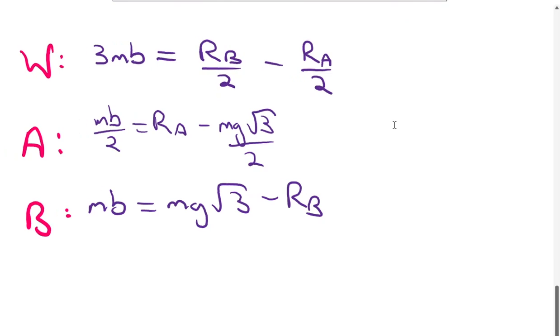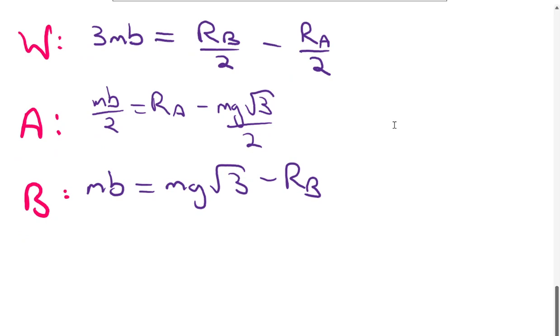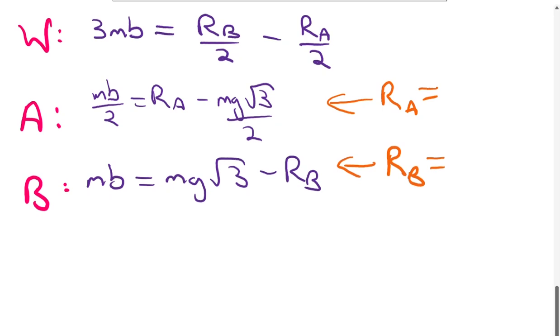So how do we solve this? Well, I think what we're going to do from the A equation, we're going to get RA equals. From the B equation, we're going to get RB equals. Then we're going to put those two things into our W, and hopefully stuff will just work. If all the m's cancel out, we can be pretty sure we've got the concept and the process bang on.